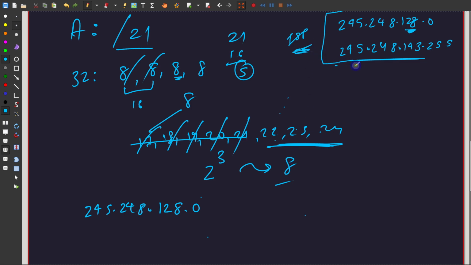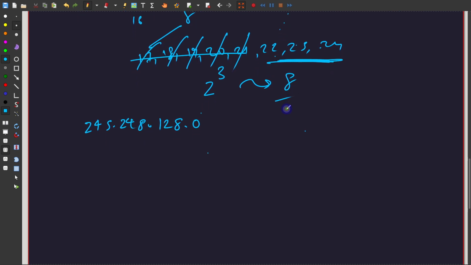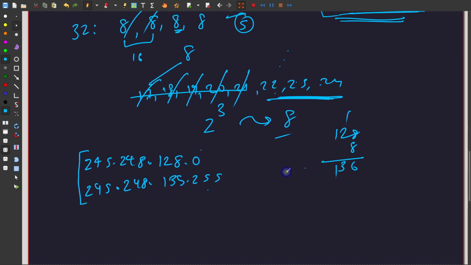Remember, the ISP owns all of this. We are just trying to see how the division of 8 will split the whole address space up. So 128 plus 8 is how much? You add a 16, you get 136. So we'll add 135.255, of course. But notice, is 135.255 actually the last address?